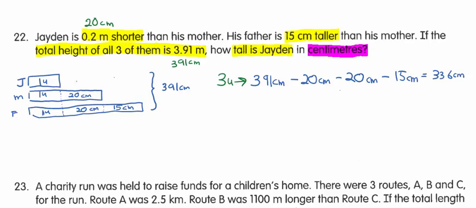So 3 units is 336 cm. So very easily, 1 unit is 336 cm divided by 3, and that will give me 112 cm. And what am I looking for? I'm looking for Jadin. So Jadin is 1 unit, and so this will be my answer. Okay.